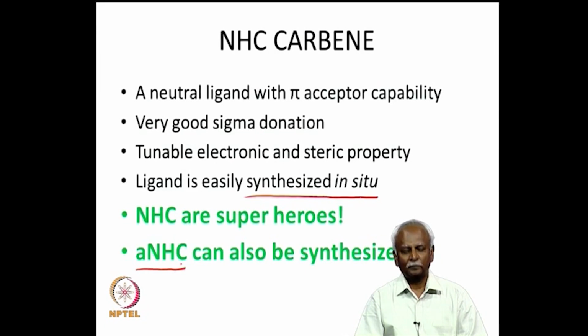However, at the moment not many abnormal N-heterocyclic carbenes are known. What characterizes both the NHC and the abnormal NHC is that they have very good sigma donation, much better sigma donation to the metal than carbon monoxide itself, and so their properties are significantly different.